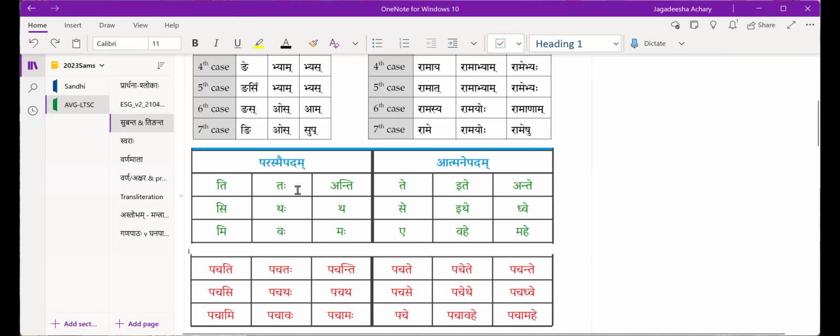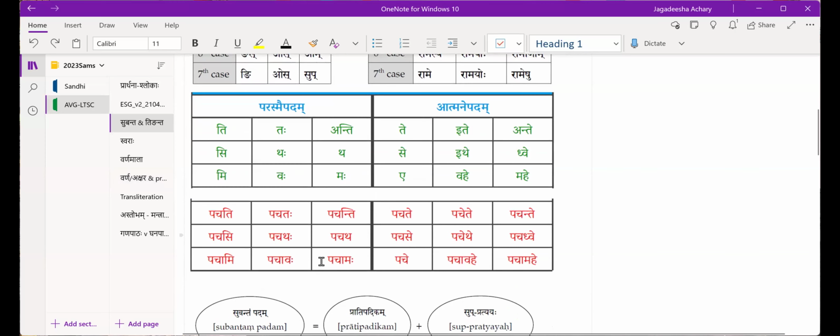Just like vibhakti and vachana in the case of sup pratyayas, the ting pratyayas represent prathama purusha, madhyama purusha, and uttama purusha, the third person, second person, and first person. The three columns are for ekavachana, dvivachana, and bahuvachana.